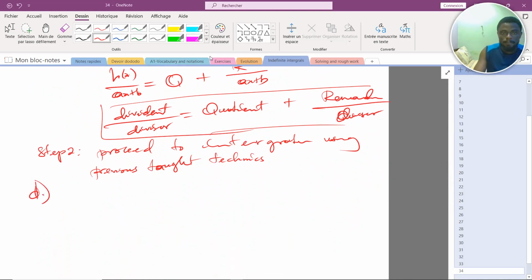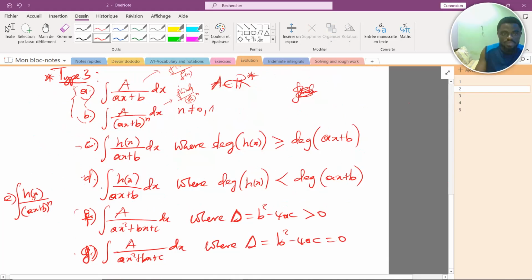The integral of h of x over ax plus b, where the degree of h of x is less than the degree of ax plus b.